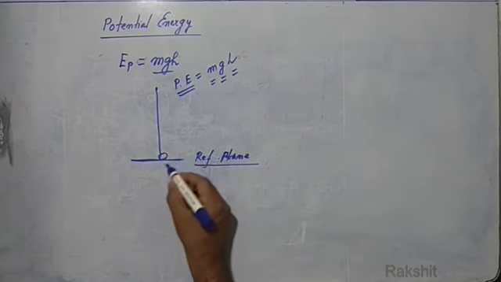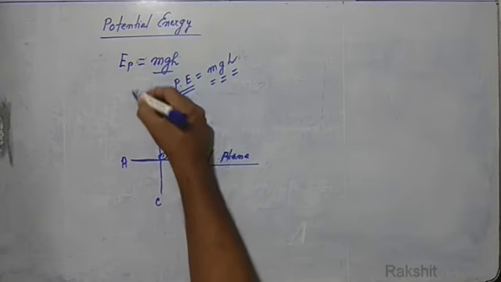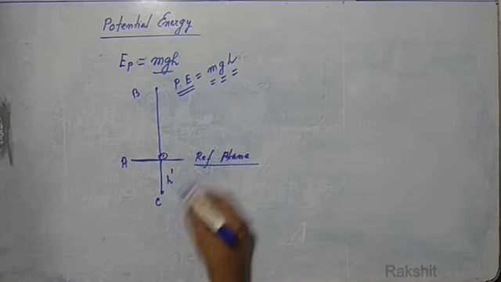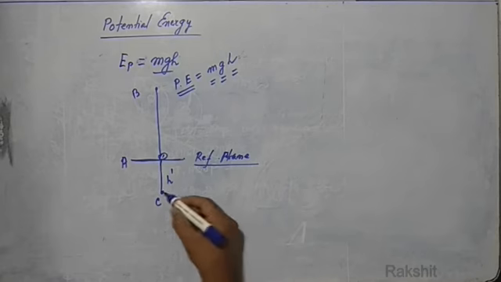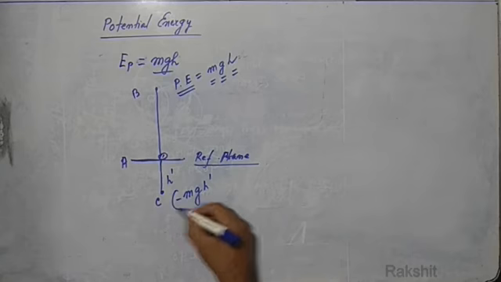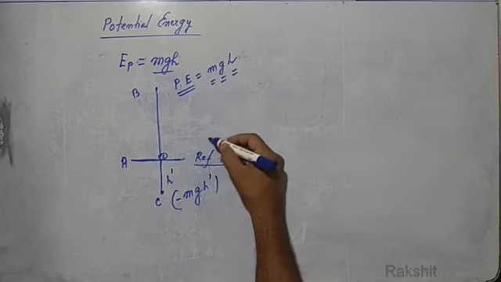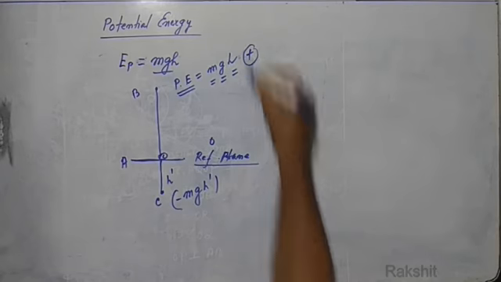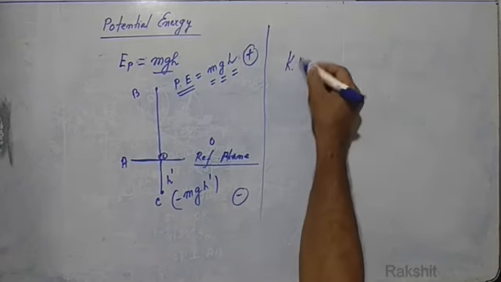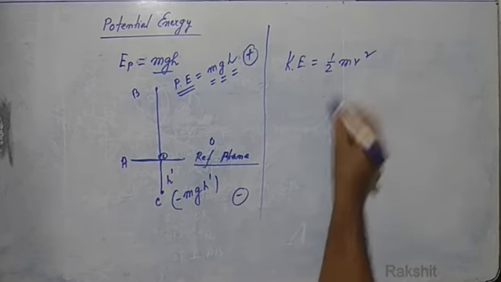If the body is taken to this point C, this is A, this is B, and this distance is h', then the potential energy of the body at this point, m into g into h', would be negative. So potential energy of a body can be 0, can be positive, can be negative. But the expression for kinetic energy is equal to half mv squared.